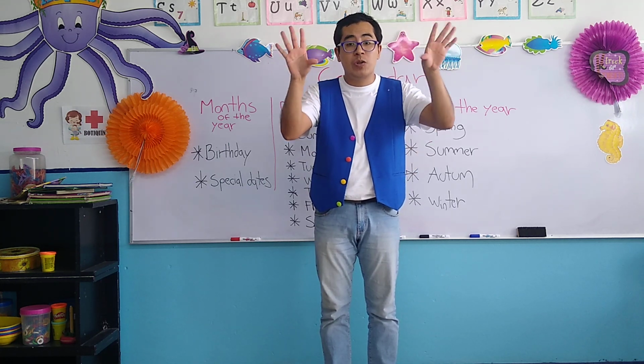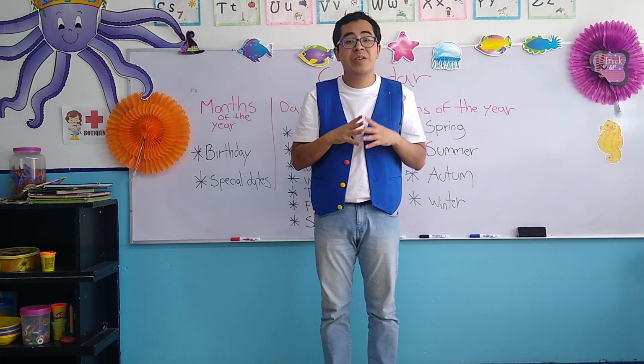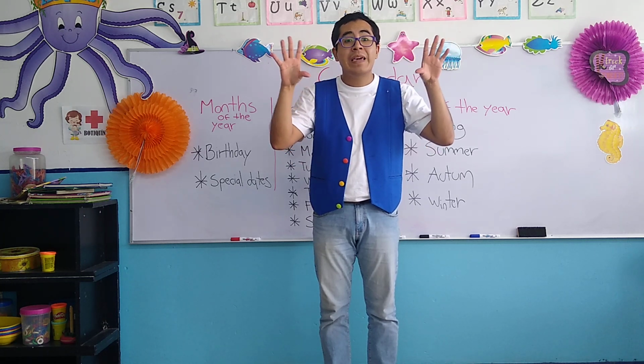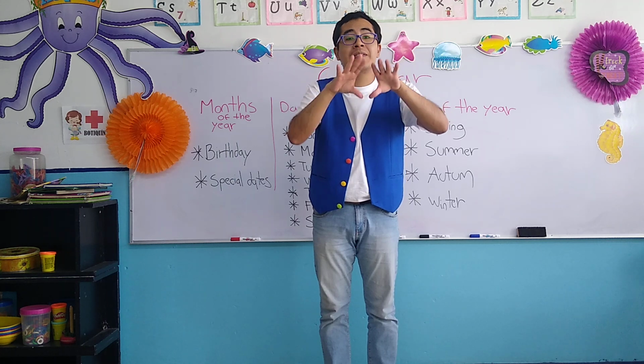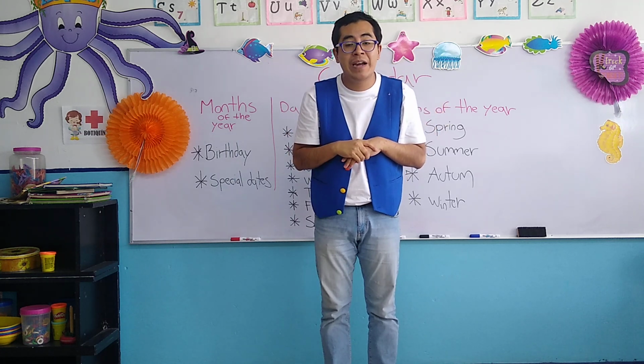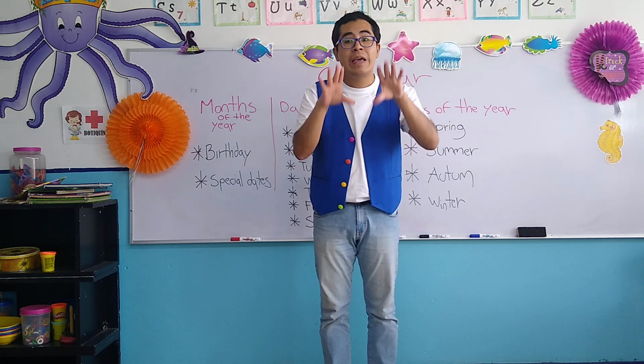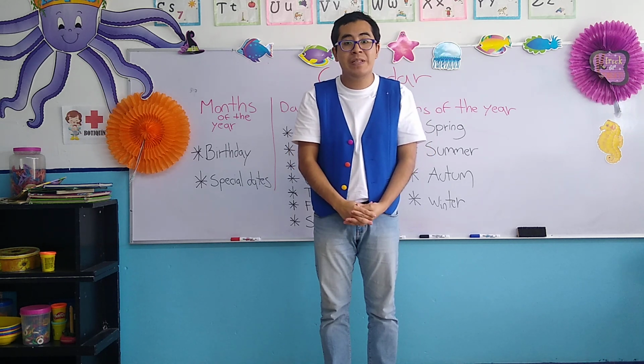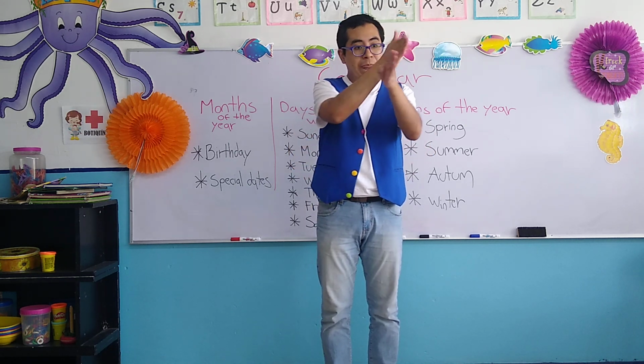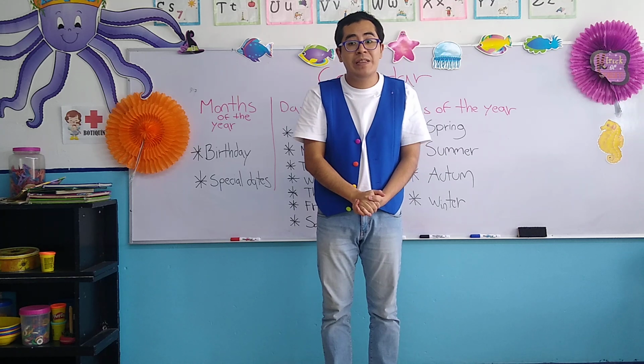All of those important dates, todas esas fechas importantes, are going to be in a calendar, van a estar indicadas en un calendario. And the calendar is divided, está dividido, in several parts, en varias partes, okay?